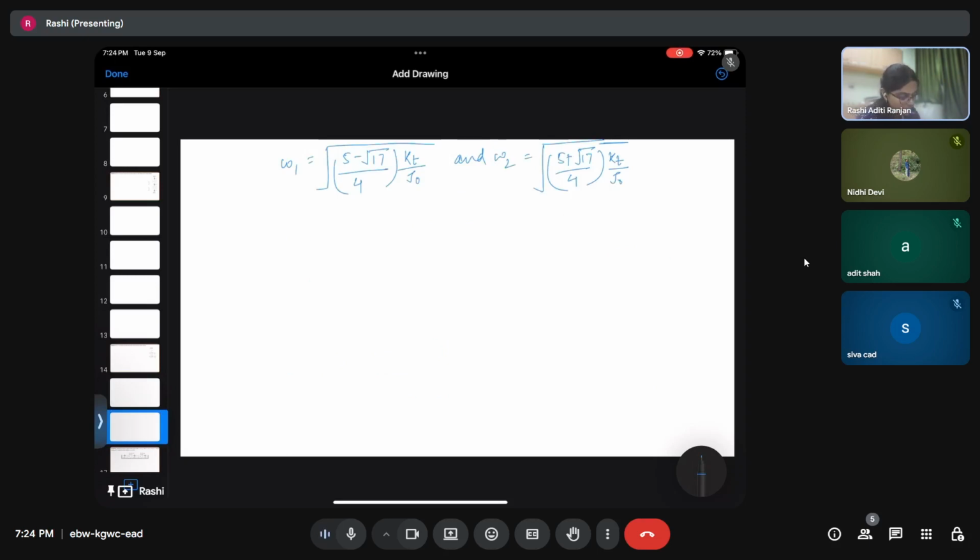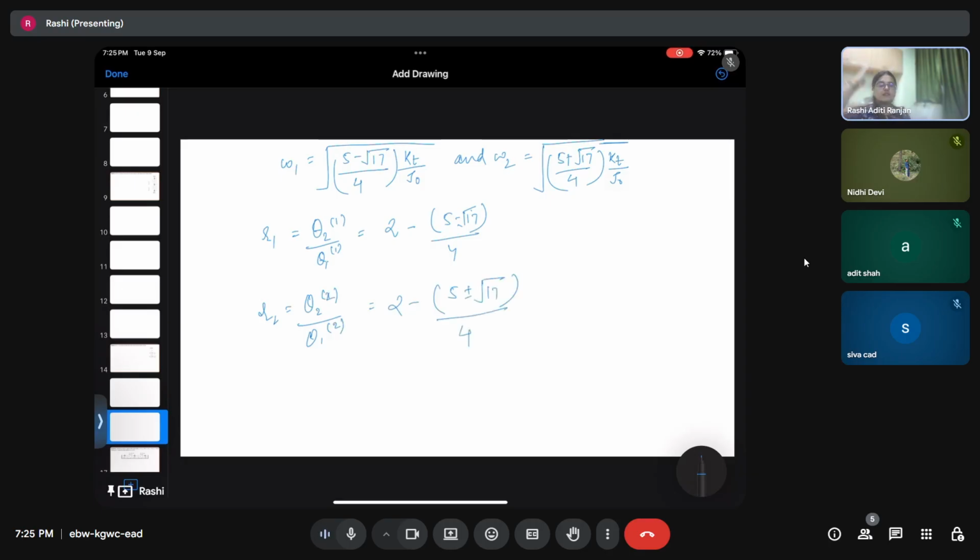And the concerned mode shapes are going to be R1 as theta 2 by theta 1 of 1 as 2 minus (5 minus under root of 17) by 4, and the second one, R2, is going to be theta 2 by theta 1, this is 2 minus (5 plus under root of 17) divided by 4.